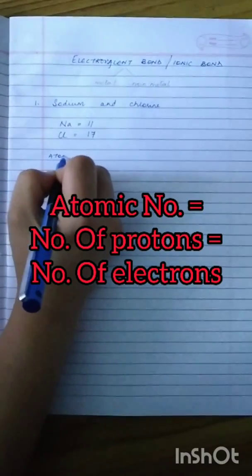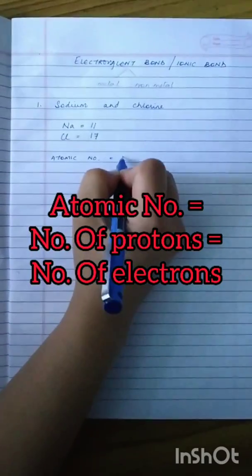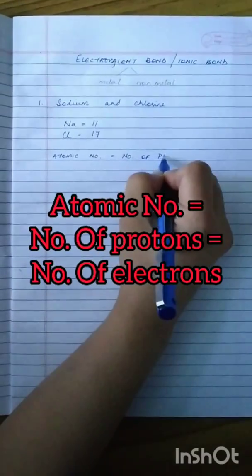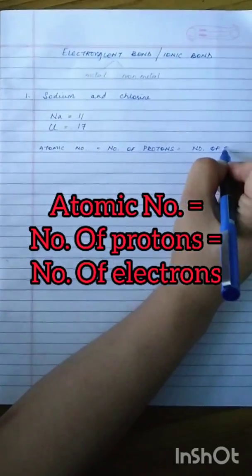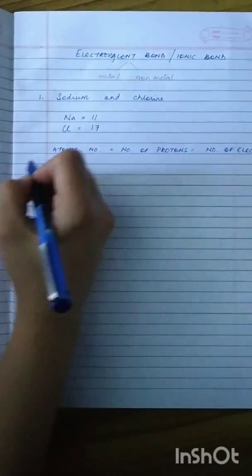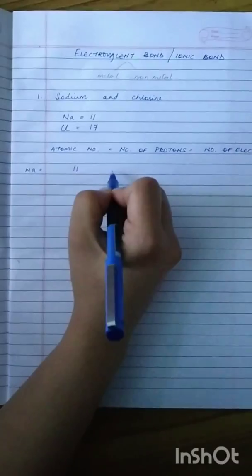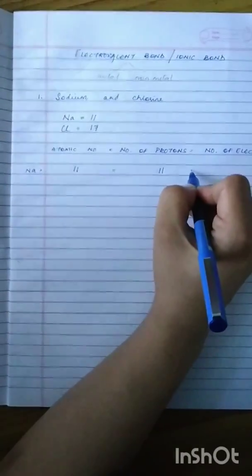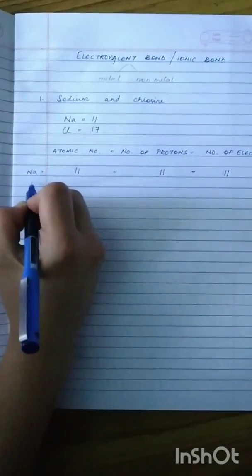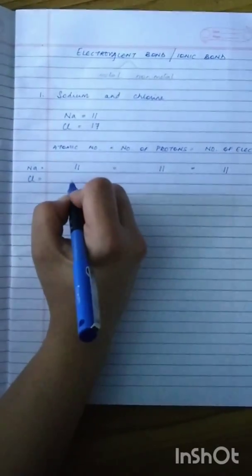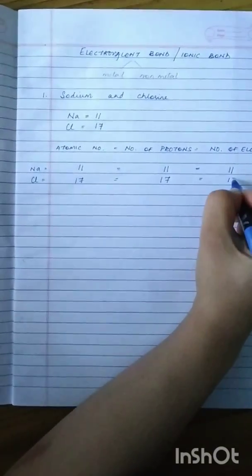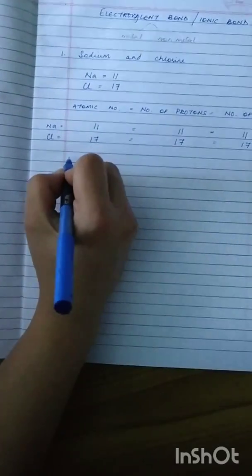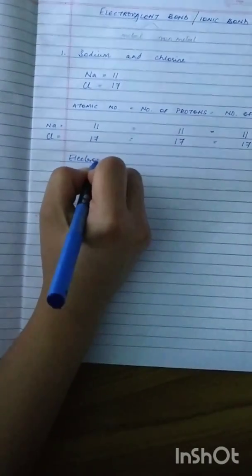We know that atomic number equals the number of protons, which in turn is equal to the number of electrons. We've already done this. So if the atomic number of sodium is 11, number of protons is also 11, and number of electrons is also 11. Similarly, if the atomic number of chlorine is 17, number of protons is also 17, and number of electrons is also 17.